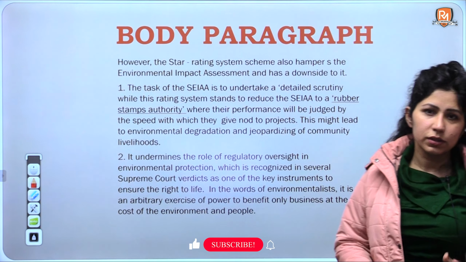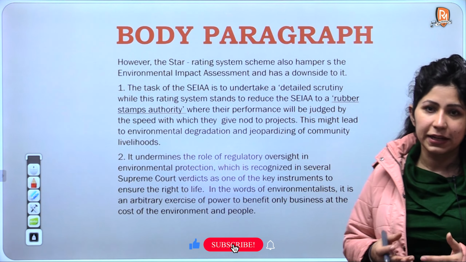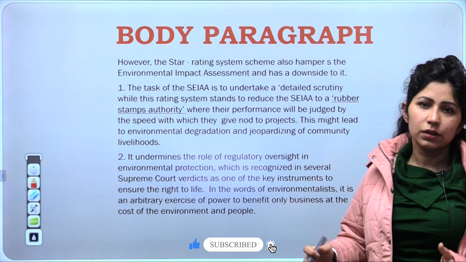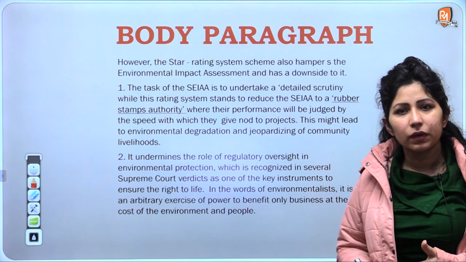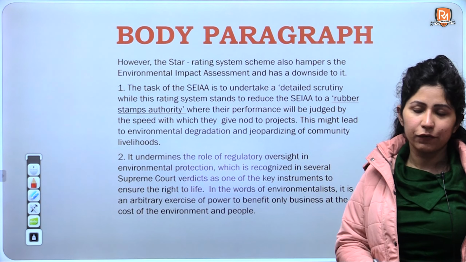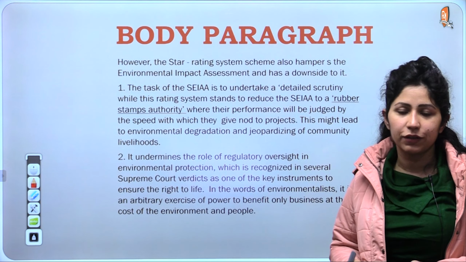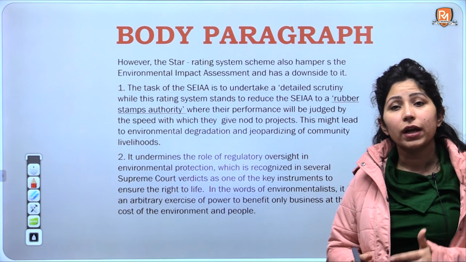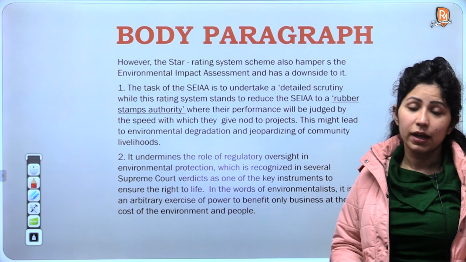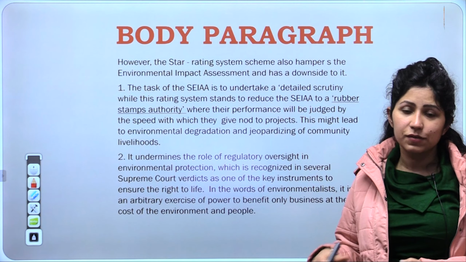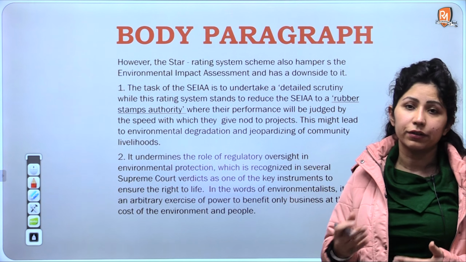According to the Supreme Court, Article 21, the right to life, also covers the right to a healthy environment. If you have a healthy environment, only then can you lead a good life. So that is a part of Article 21. So how do we ensure a healthy environment? We need to have some checks and balances. We need to have some regulatory authority.